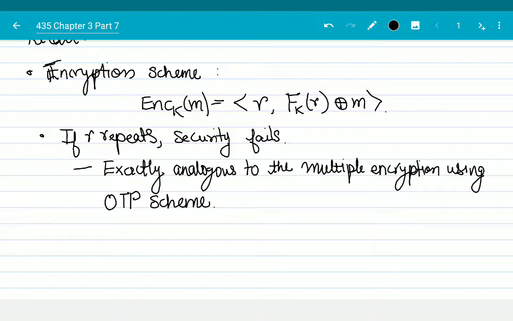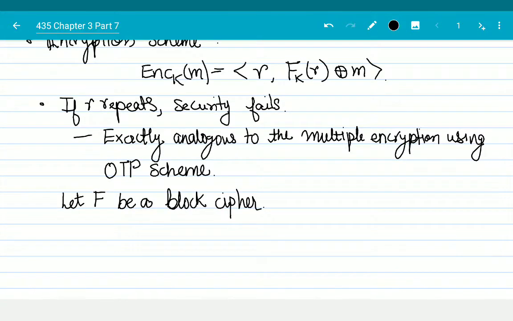And so there are two ways of making an attack on a scheme that could break it. So let F be a block cipher. Okay.